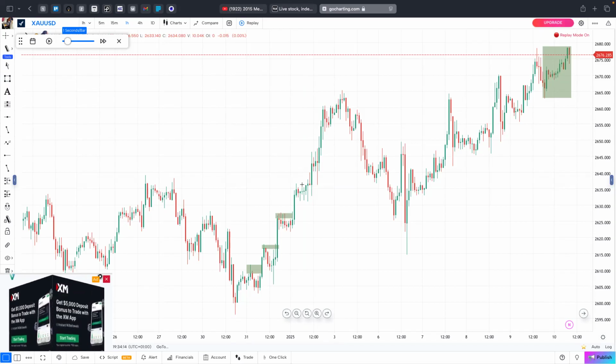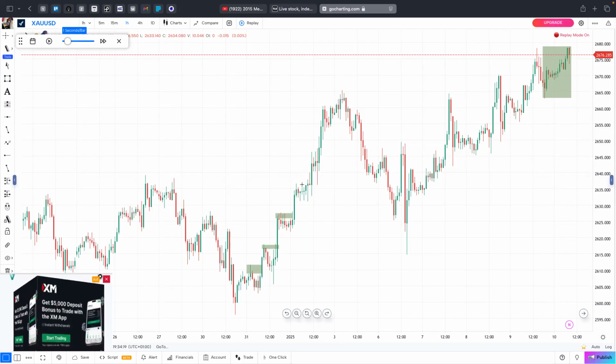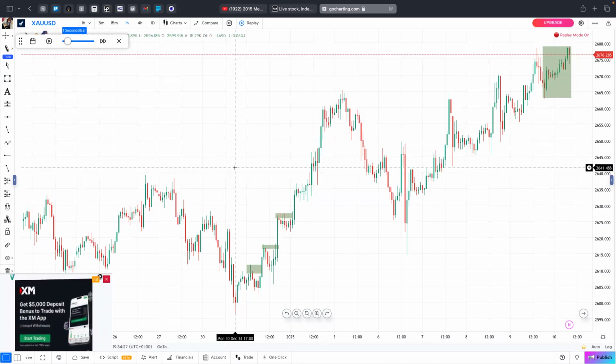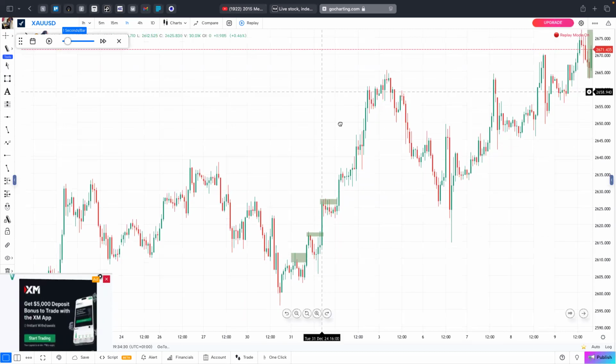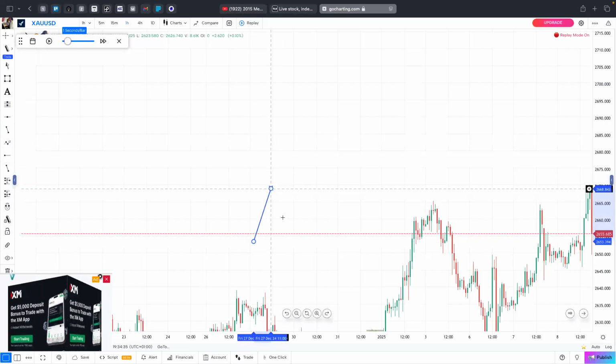So my question is, at what level are we going to place our stop loss? So the simple way of putting your stop loss and take profit levels depends on whether you're entering aggressively or conservatively.